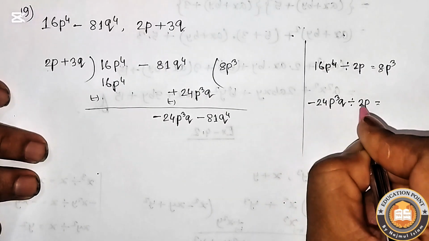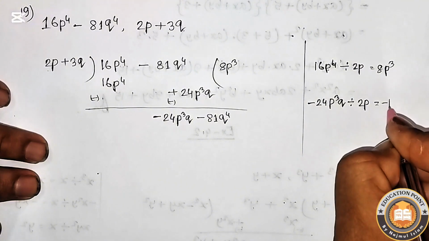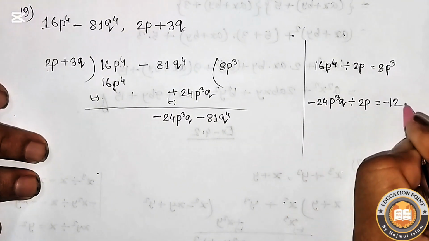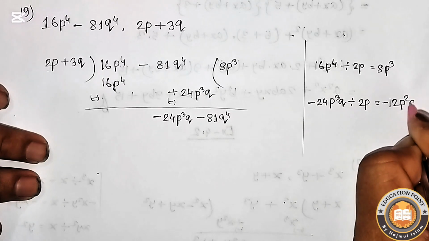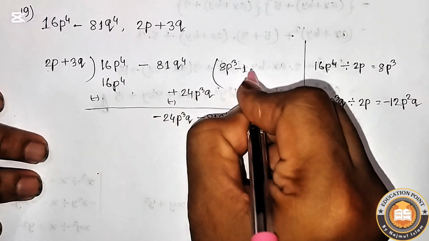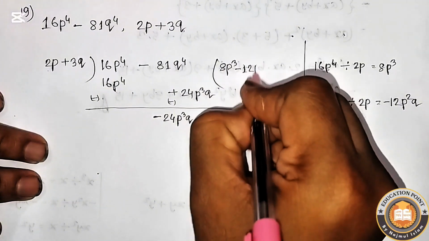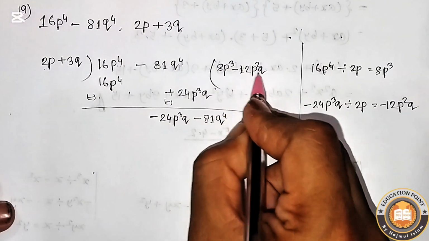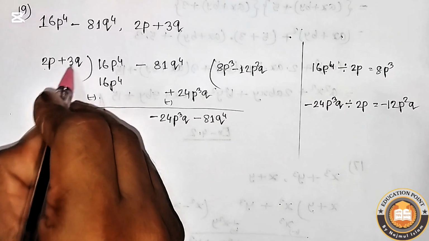Minus 24 divided by 2 equals minus 12. P cube divided by p equals p square, then q. Minus 12 p square q multiplied with 2p plus 3q.